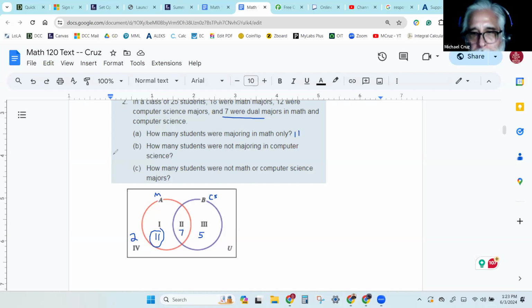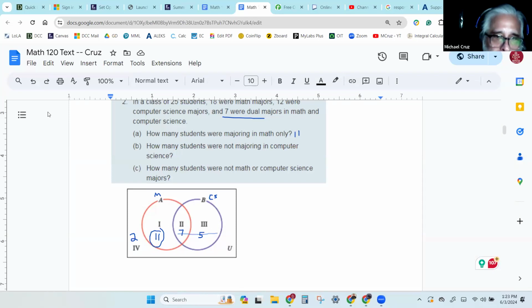Okay. How many students were not majoring in computer science? You got to use a little bit of imagination here. And computer science is this region here.